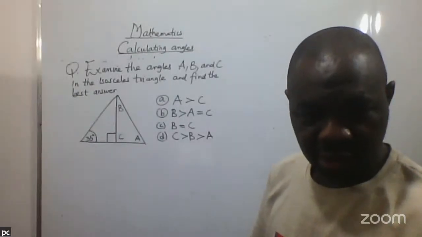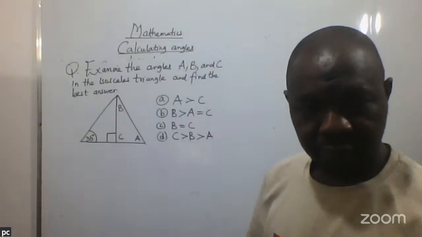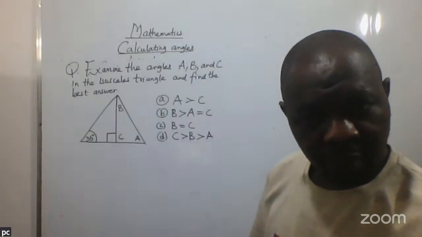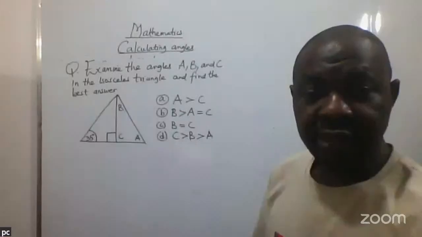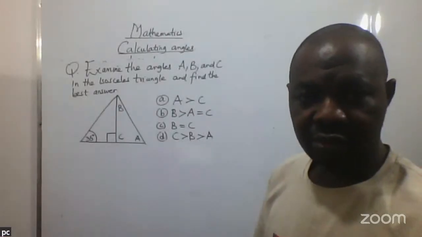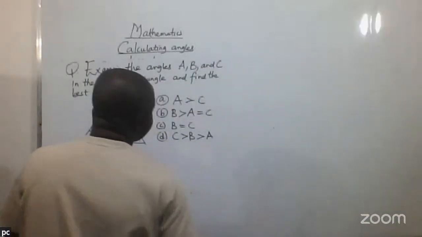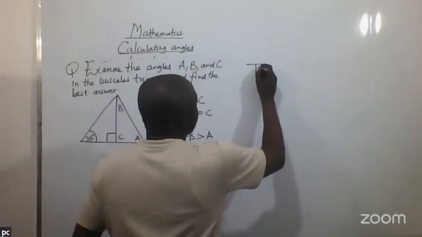Send your answer to the chat. Just give me the names. Anyways, now listen. There are three types of triangle.